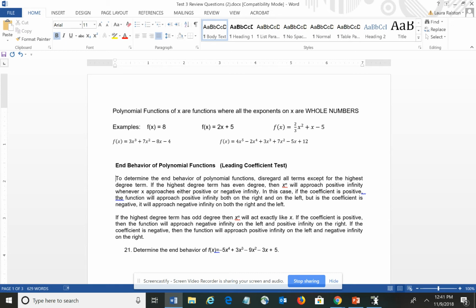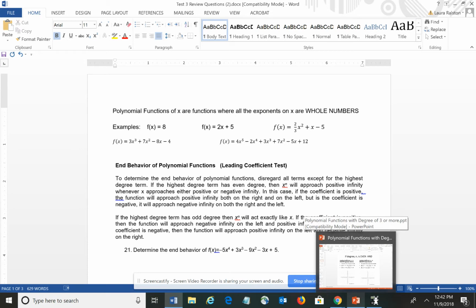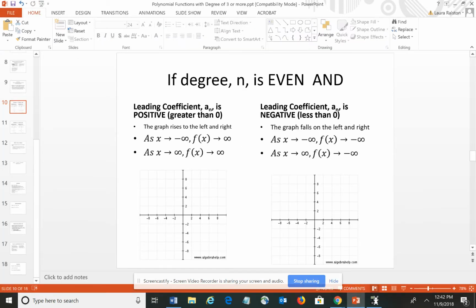What should the graph look like? And there are really 4 different scenarios, and I want to walk through those using a couple of PowerPoint slides here. So I'm going to back up to this PowerPoint slide.